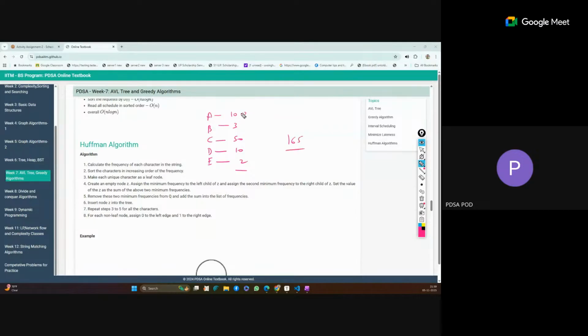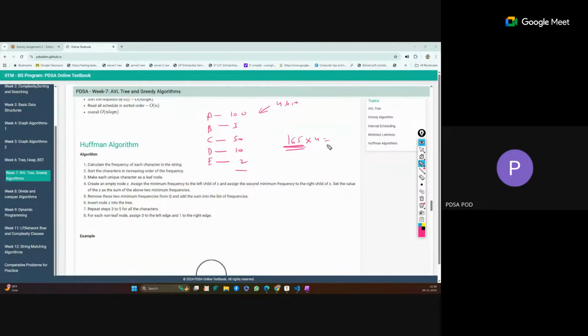But if you take a fixed-length code for this, suppose 4 bits for each, how many total bits are required to transfer a message of these 165 characters? That is simply 165 into 4.